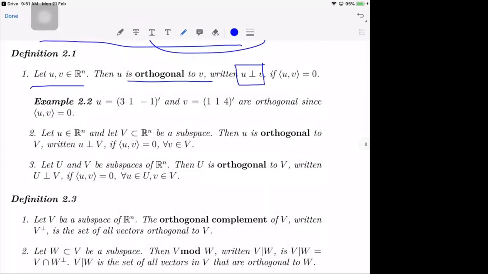The notation is u perp v, or perpendicular. So u is perpendicular to v if the inner product of u and v is 0. For example, if this is your vector u and this is your vector v, these are orthogonal because the inner product of u and v is equal to 0.